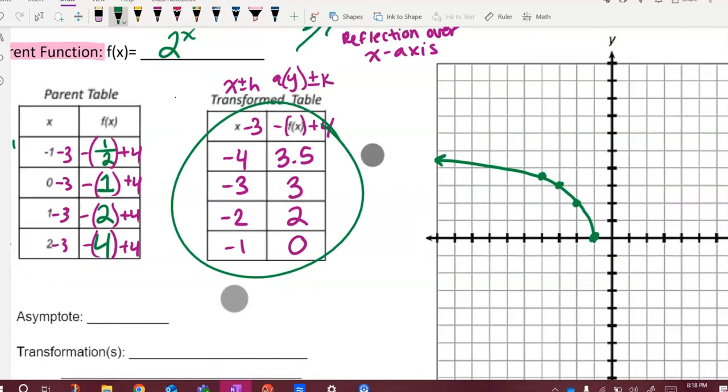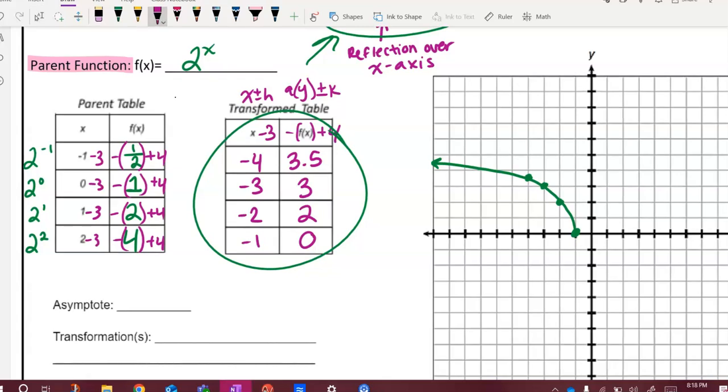All right, and just for good measure, let's take a look at what our original graph looked like. This is negative 1, 1/2. 0, 1, 1, 2, and 2, 4.